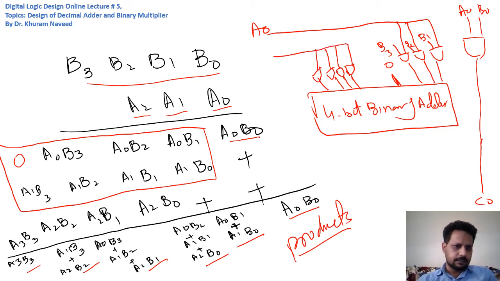So this is, say, A1, and each of these AND gates has input from the number B: B3, B2, B1, and B naught, right?